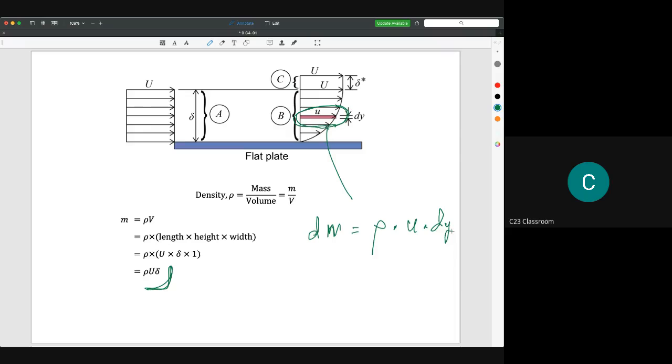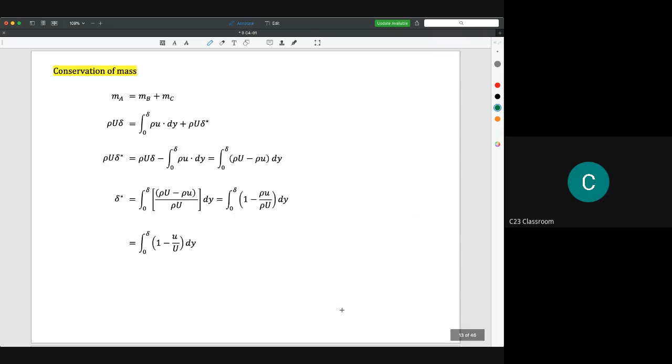And then when we want to calculate all the area here, we integrate both sides, so we'll get the mass for B. Now it's equal to the integration of rho u dy. So that's what we have here. The rho u dy is the value of mass for area B.